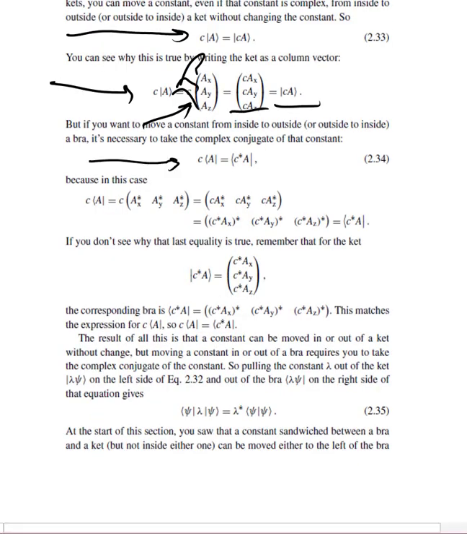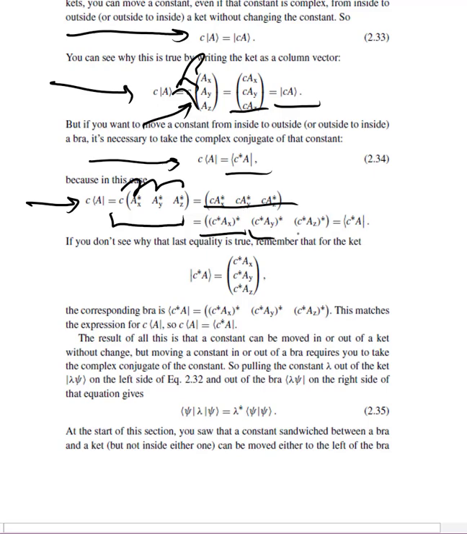But what if we want to move that constant inside a bra? It says here you have to take the complex conjugate when you do that. And why is that true? Well, once again, start out just by writing C times bra A and write that out, again in the Cartesian coordinates here, as A star x, A star y, A star z. Move that C inside, looks like this, but then write that in a different way. Write C A sub x star as C star A sub x quantity star.